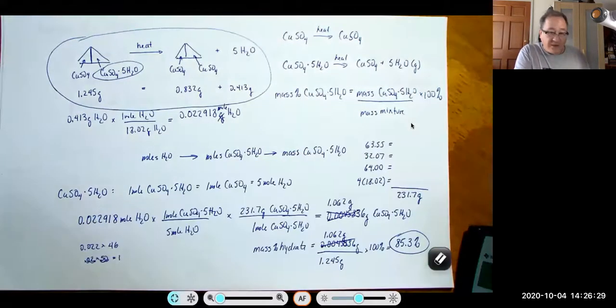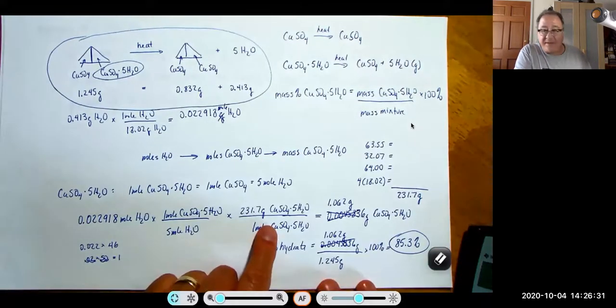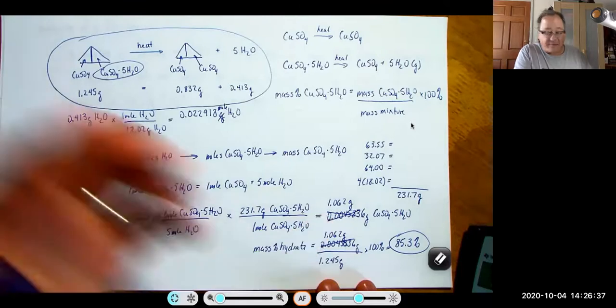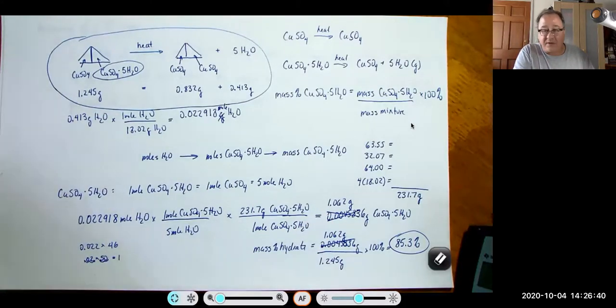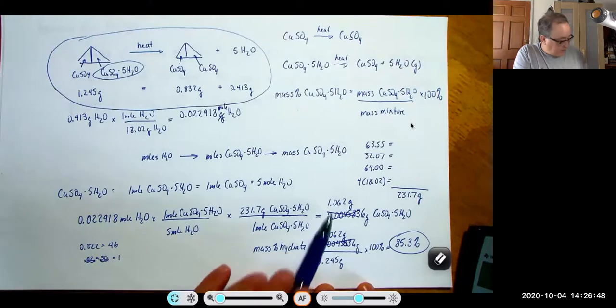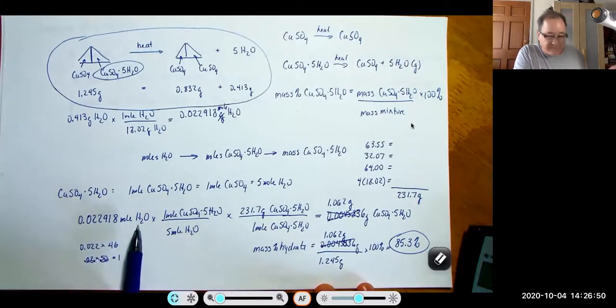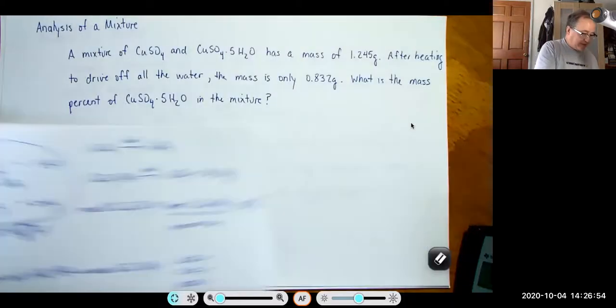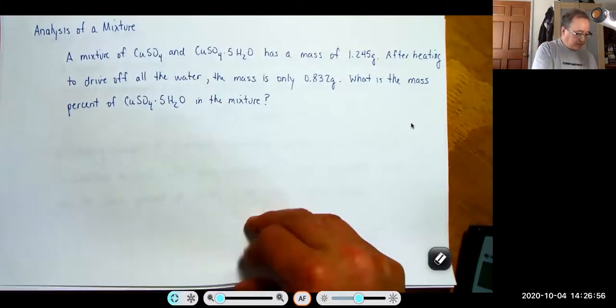Okay, so the one time I didn't estimate my answer, I plugged numbers into my calculator and I got the wrong number, and I just went with it as if, well, everything my calculator does is correct. The calculator is only as smart as the person using it. So I just thought that number seemed really weird considering these numbers we had before, and that's why I checked it. Okay, so there's the mass percent.